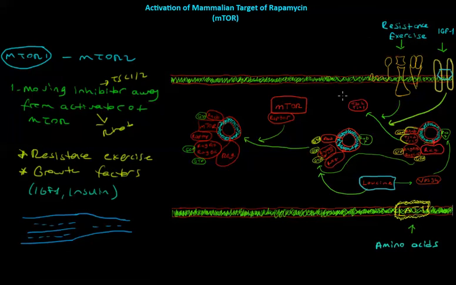That's why we don't suggest anybody to take extra insulin or IGF-1 after resistance exercise. And also think about the people with type 1 diabetes, right? Who cannot produce insulin at all can hypertrophy just fine. So all these things say again, we don't need to take extra insulin or IGF-1 to be able to increase muscle mass.